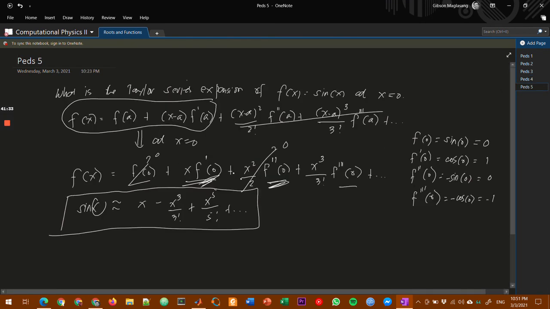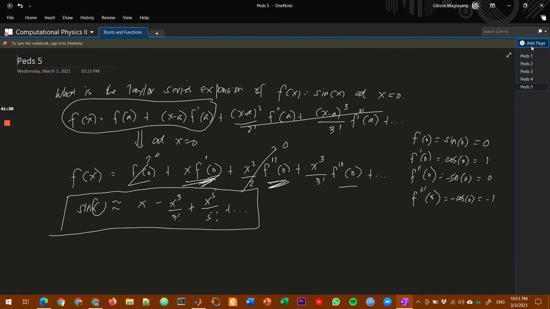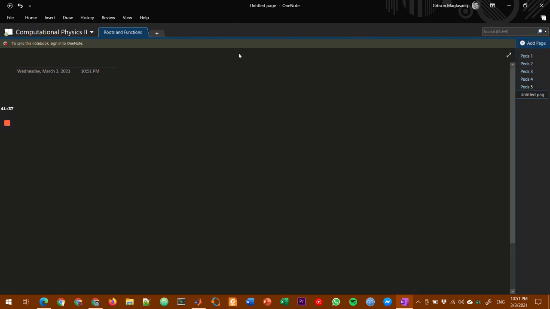Let's say next page. So say we want to find the roots of the polynomial.